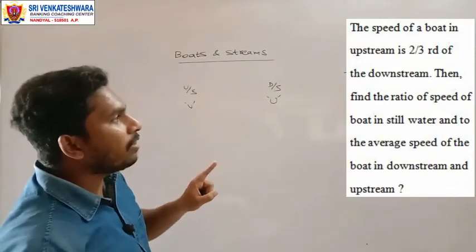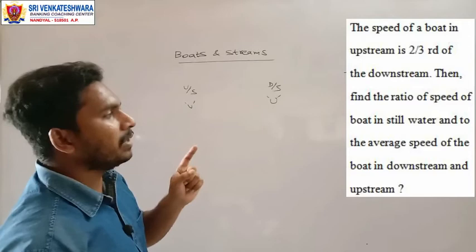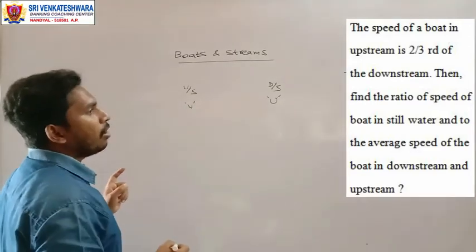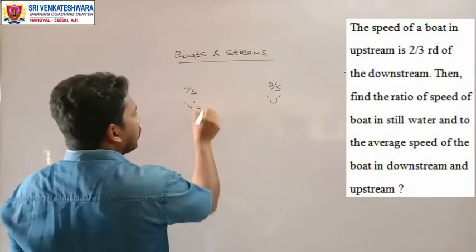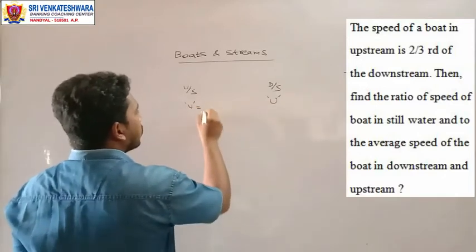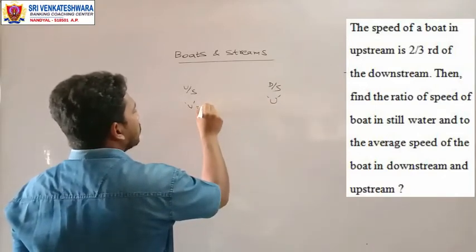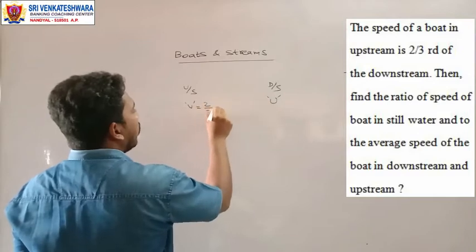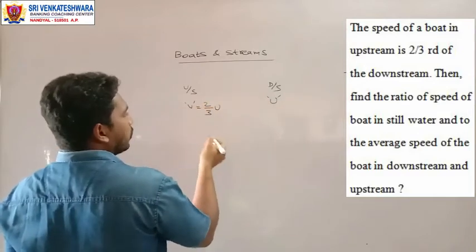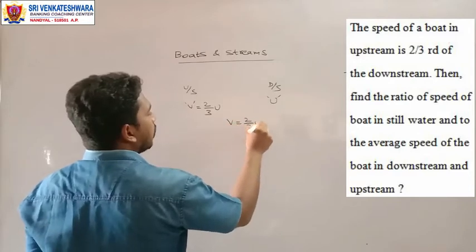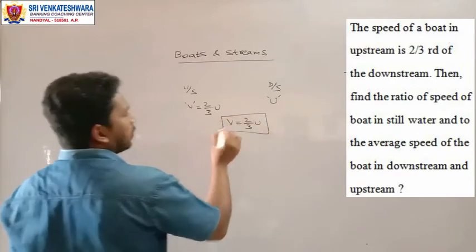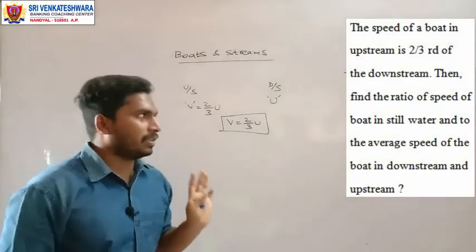The speed of a boat in upstream is 2/3 that of downstream. So V is equal to 2/3 of U. As per the question they have given V is equal to 2/3 of U.